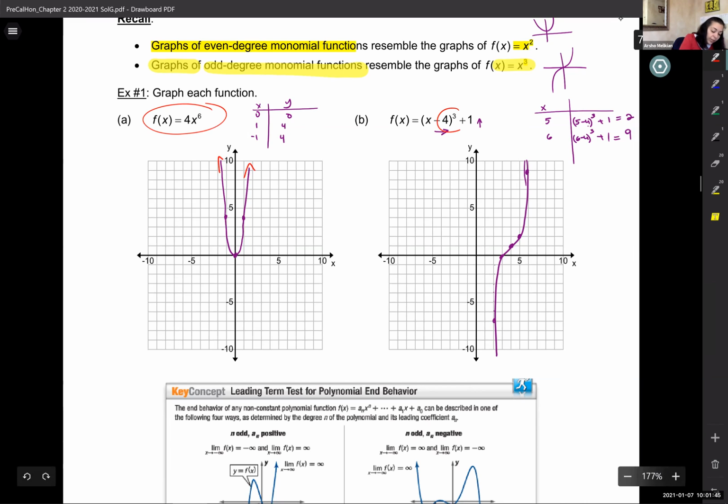And we said if we had an odd exponent, that one end would be up and one end would be down, depending on whether its coefficient is positive or negative. So that was easy enough, especially when we had the monomials. Now when things get super complicated, it turns out we can still use a monomial to figure out the end behavior, right? And here's how that works.